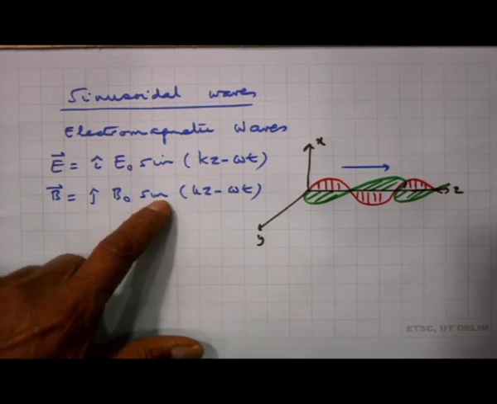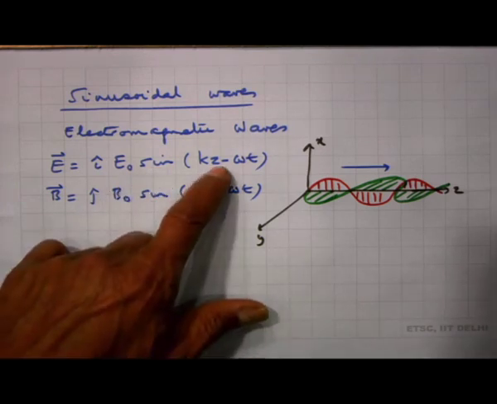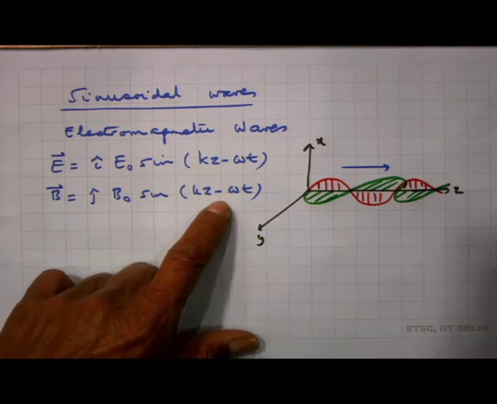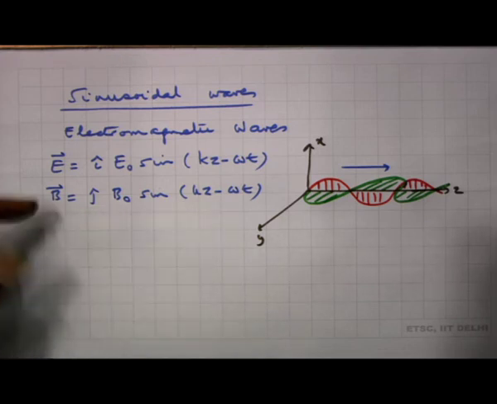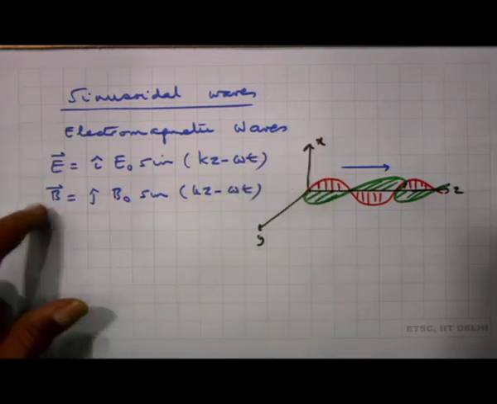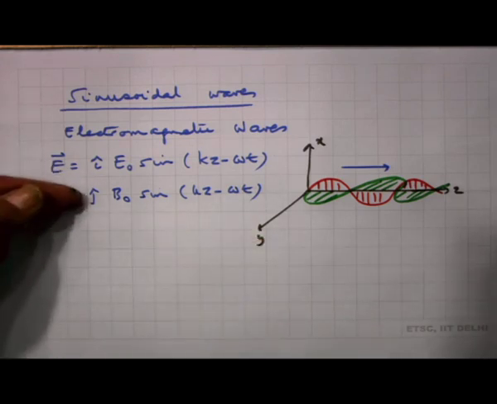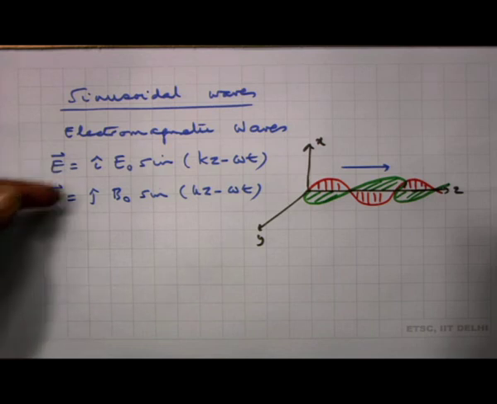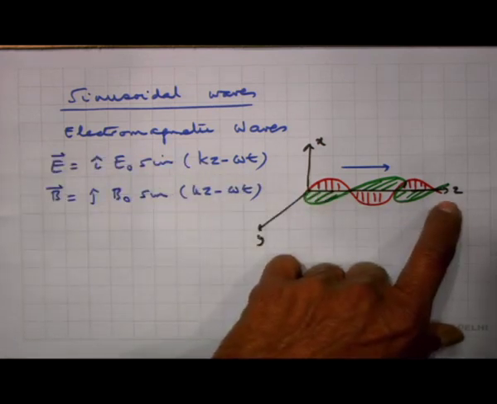These are sinusoidal waves because they are sine functions. As you can see, both are in phase because both are sin(kz minus omega t). Their directions are such that if E is along i cap, B is along j cap. So, E and B are perpendicular to each other, and both of them are perpendicular to the propagation direction, which is along the z cap direction.